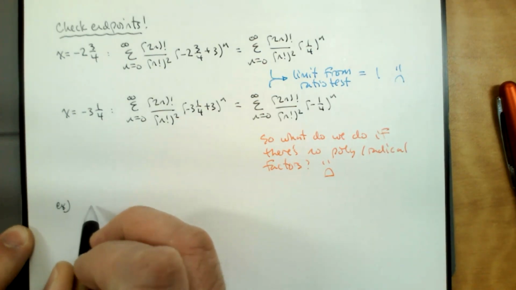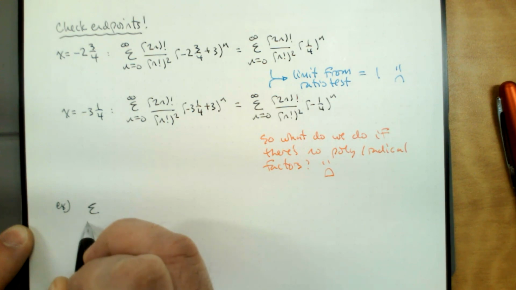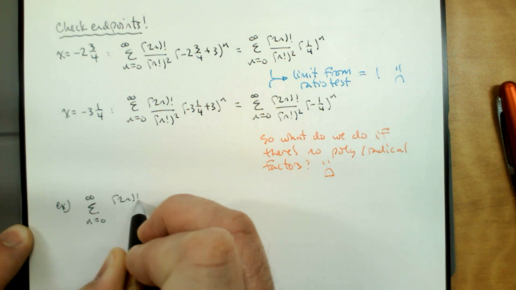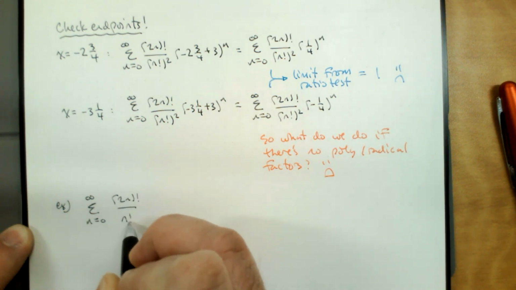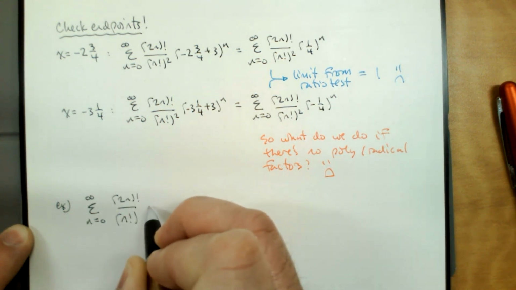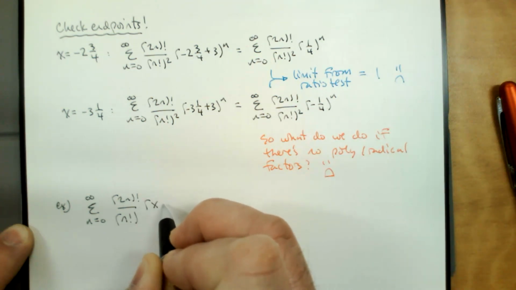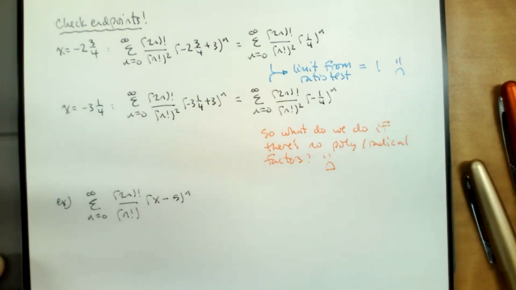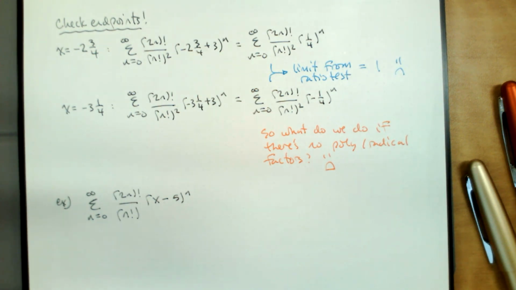What we're trying to do is learn how to read what's going on in a power series. So here, I'm going to change the center of this series because I should highlight the other thing that I changed. Maybe I should leave it at +3. The important thing is that the n factorial in the denominator is not being squared.